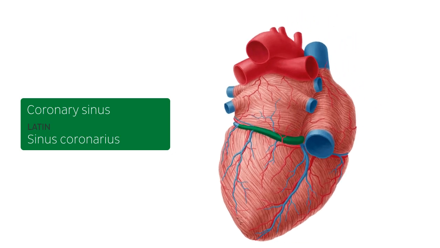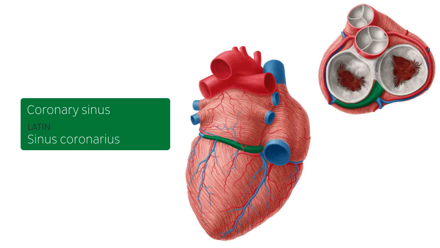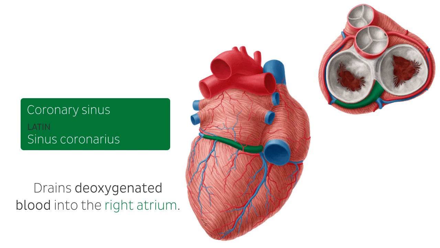Now, I can also show you this image of the superior view where you can see the coronary sinus highlighted in green. And one note here, this part is the posterior part of the heart. This is the anterior portion where you see the aorta and the pulmonary trunk. Now, the coronary sinus will be draining oxygenated blood into the right atrium, which you also see here on this image.